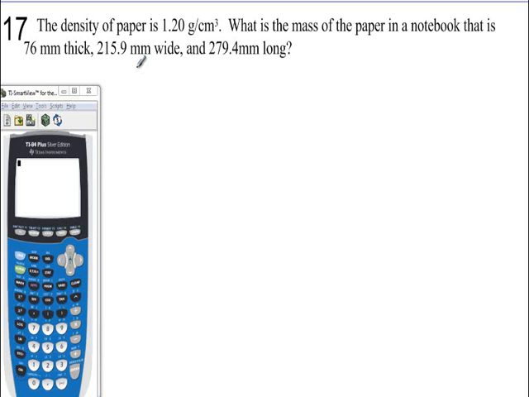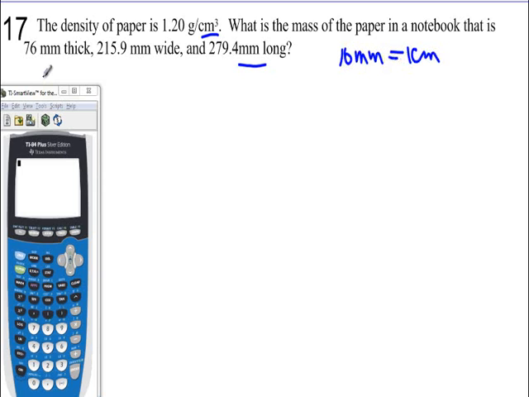First thing I recognize is I've got these dimensions here that are millimeters, but my density is given to me in centimeters cubed. So I've got to get the length units the same, and I'm going to go to centimeters, and what I know is that there are 10 millimeters in 1 centimeter, so I can use that.